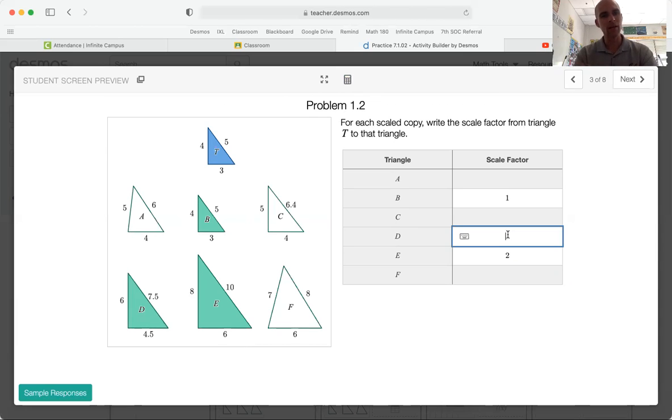And then with D, you should remember that I did all those divisions and they all come out to 1.5. So there we go. Because all those divisions come out to the same number, that tells you that number is a scale factor. So we already did that work on the previous screen.